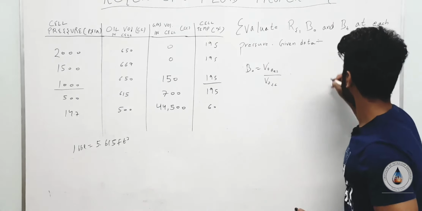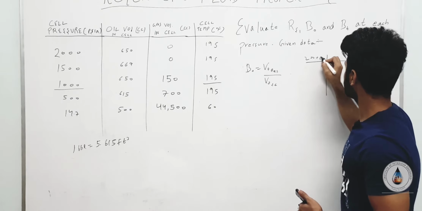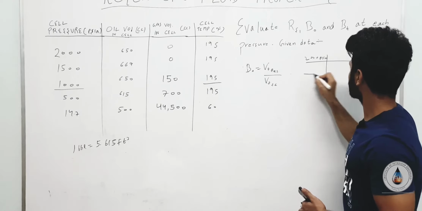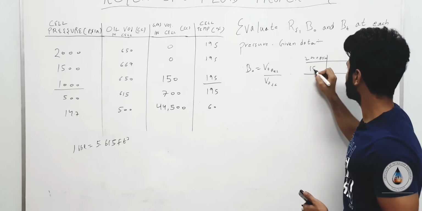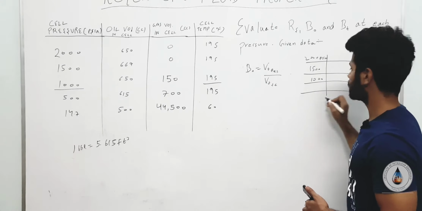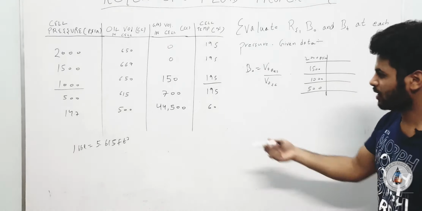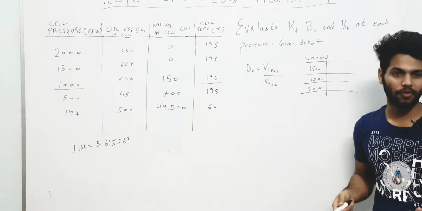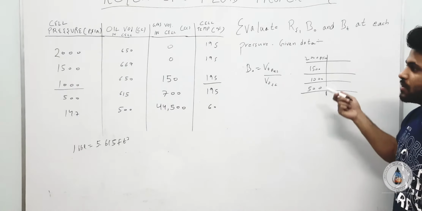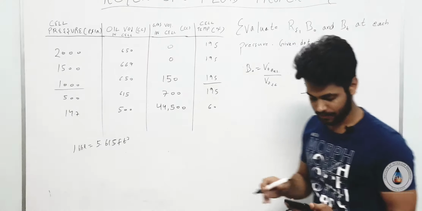Let's make a table here. For 2000 psia, then there is 1500, there is 1000, there is 500, okay, and eventually at the surface condition it will be 1. So at 2000 psia it will be basically 650 upon 500.